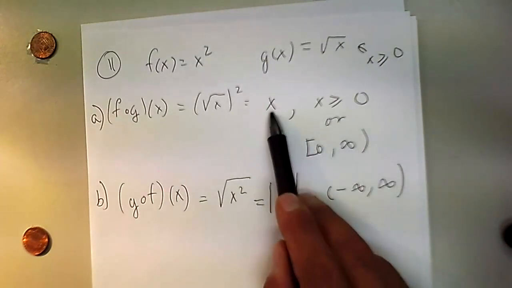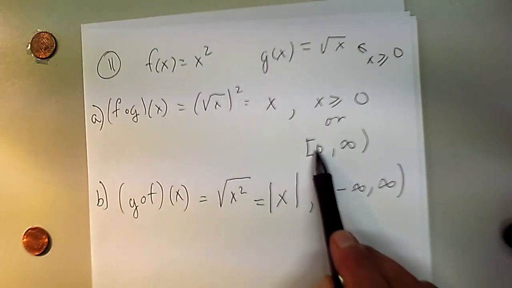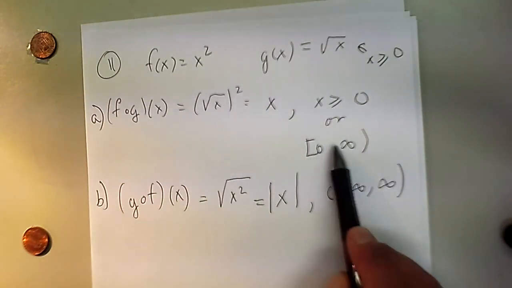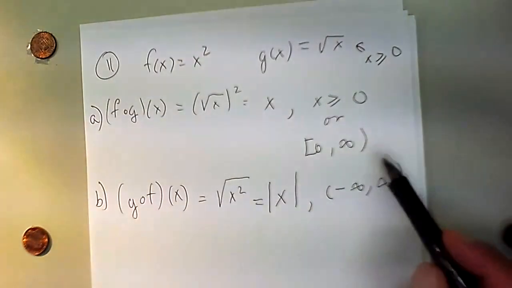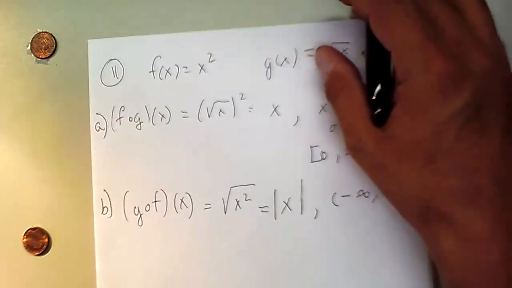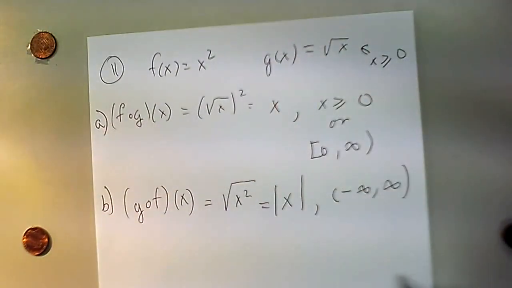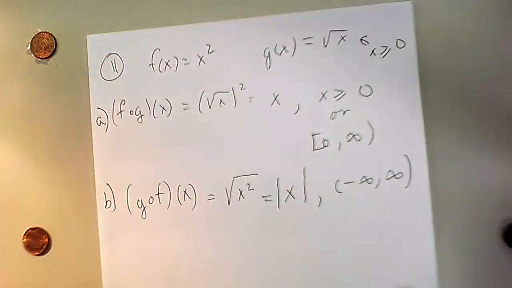The tricky part about the other composition is that the domain is not all real numbers. It starts with 0, and then we go forward. So expect this kind of problem on the test. I'm going to twist it a little bit, but not much. The idea is still here.